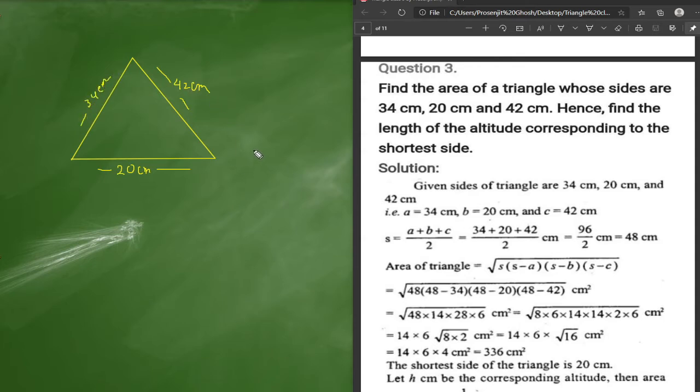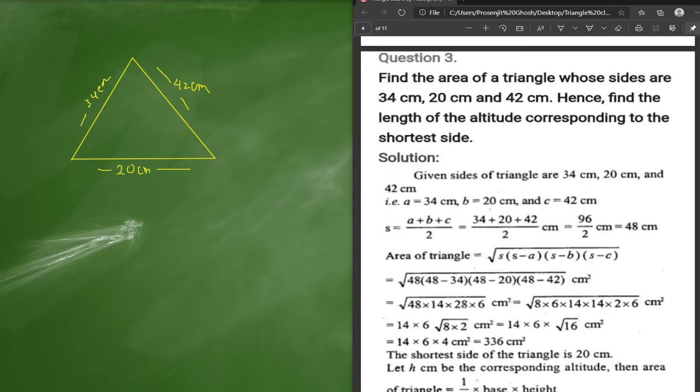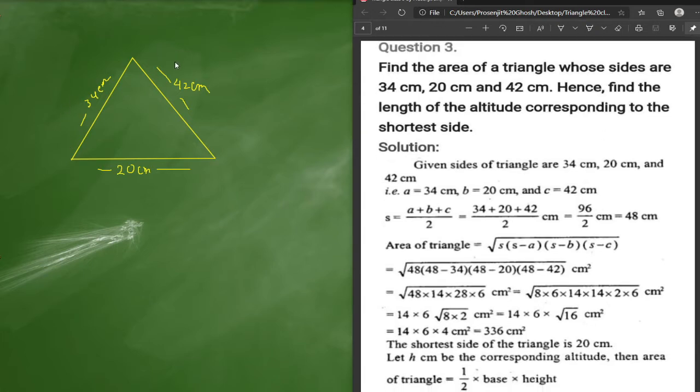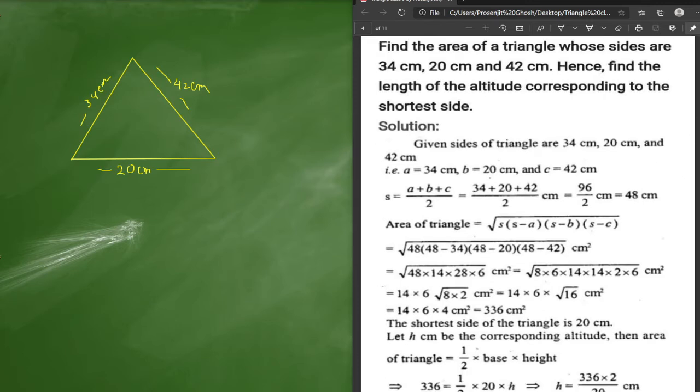So how do we find the area? All you need to do is apply Heron's formula, as I told you, whenever only the sides are given. First, find the perimeter. The perimeter is A plus B plus C, so 34, then 20, then 42. Finally, you will get 96.